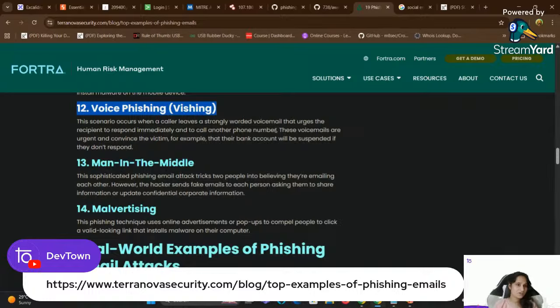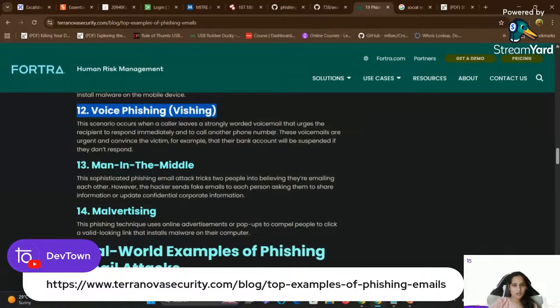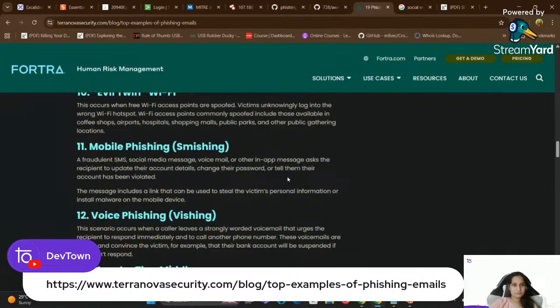These voicemails are urgent and convince the victim, for example, that their bank account will be suspended if they don't respond. So that's what vishing basically is, guys. They are trying to manipulate someone over the call using a legitimate voice, or using some really bad manipulative tricks.